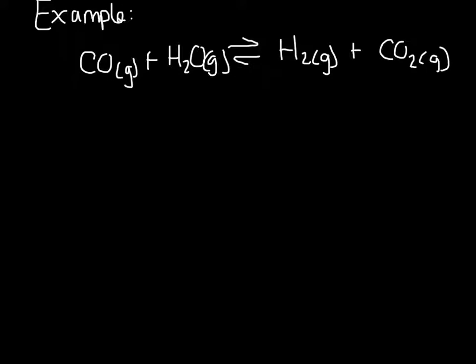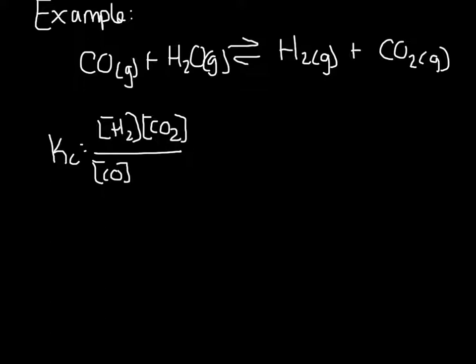As it's written, it is already balanced. Next step is to write the equilibrium expression. So we have Kc equals products, so concentration of H2 times the concentration of CO2, over reactants, concentration of CO times the concentration of H2O.